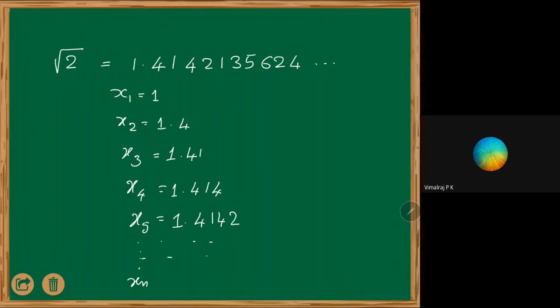So ultimately, using some algorithm, this sequence has to go somewhere, because I am using x1, x2, x3, x4 like that. So this xn has to converge to where ideally? Root 2. But all of them are rationals, am I right? Yes, sir. Because they are finite decimals, not recurring.